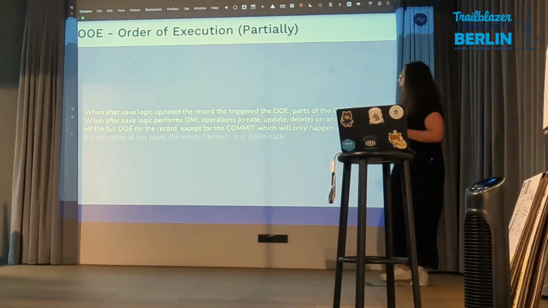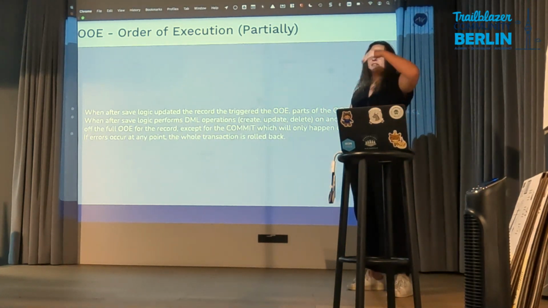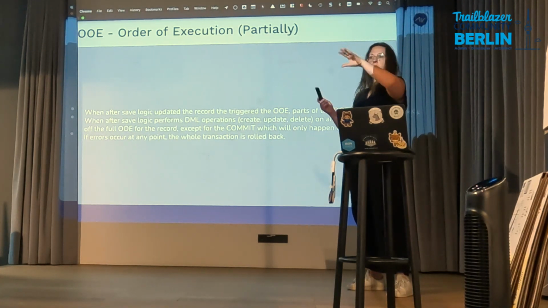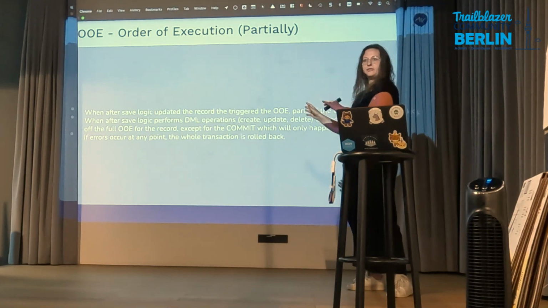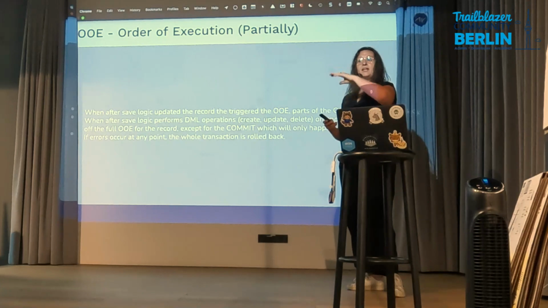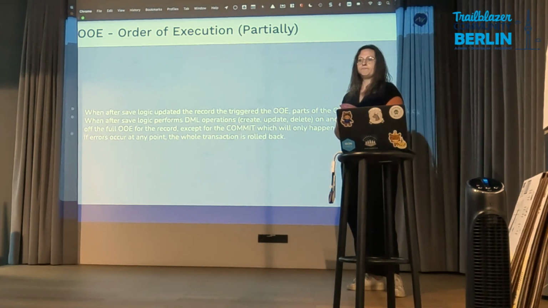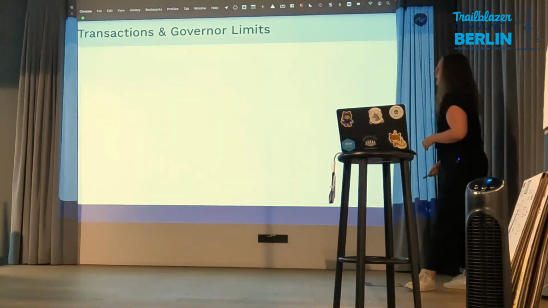Okay. If an error occurs at any point, whether in the original order of execution or any of the child or parent records, the whole transaction rolls back. So we never get to the commit in that case.